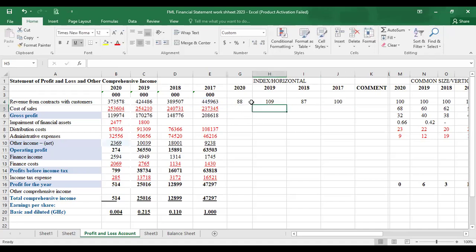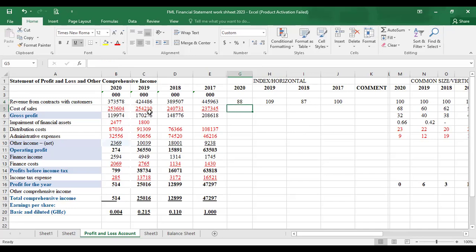So please, what do you observe over the years with regards to the sales figure, or the revenue figure? Between 2020 and 2019, is there an increment or a decrease? There is a decrease in revenue.